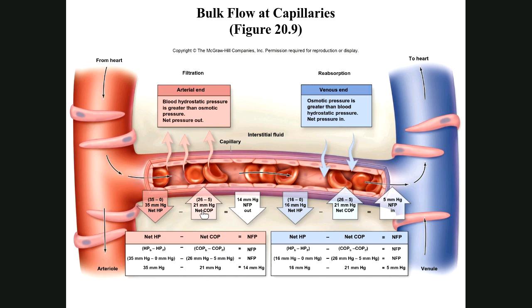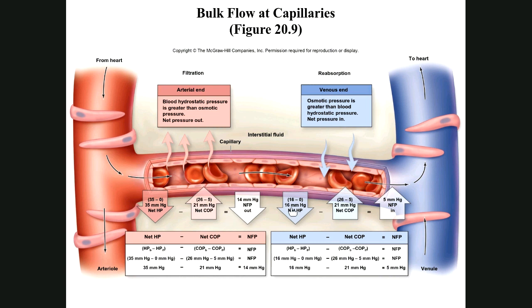The big point is when hydrostatic is greater than osmotic, we're going to get filtration. We move things out, bulk flow out of the capillary and into the tissue. But whenever the hydrostatic is lower than the osmotic pressure, we're going to start to pull things back in. Now, notice that we have more space, more time, 35 down to 21 compared to 21 down to 16.